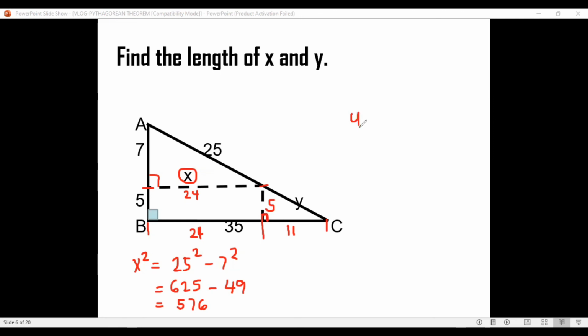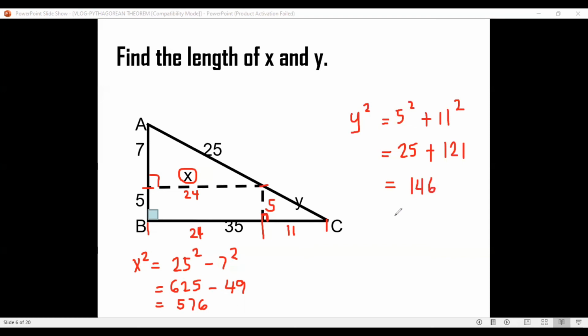Therefore, y squared is equivalent to 5 squared plus 11 squared. Squaring 5, the answer is 25. And 11 squared is 121. Adding 121 and 25, the answer that we will be getting is 146.